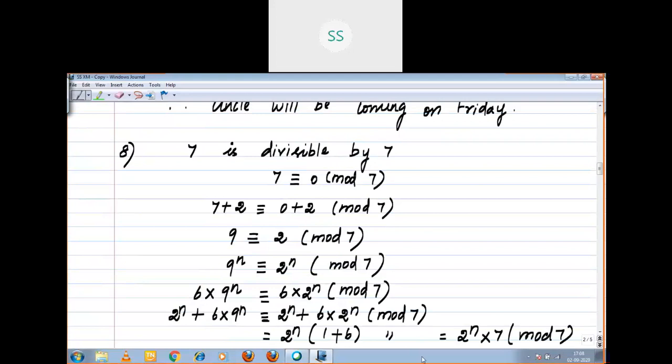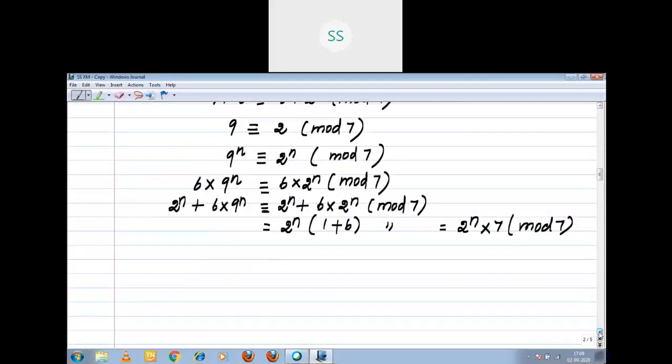See, 7 modulo 7, what I got already, it is 0. What I arrived at is 0. Got it? Which is congruent to 0 modulo 7.